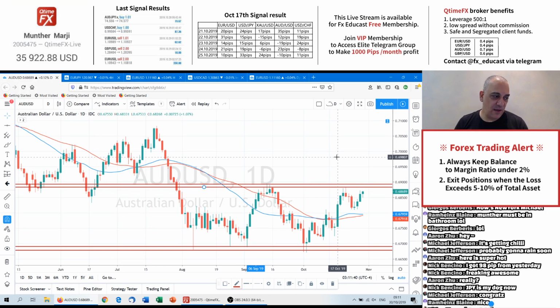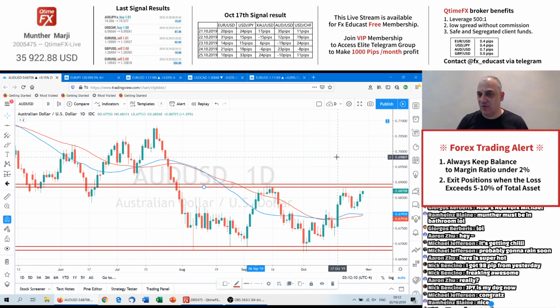Okay, so let's go back to the Aussie. The Aussie support and resistance is obvious on the daily chart, and we need to see a break of one of them. We need to see one of them breaking, giving us more clues about the direction of the market, about the strength of the bulls and bears.